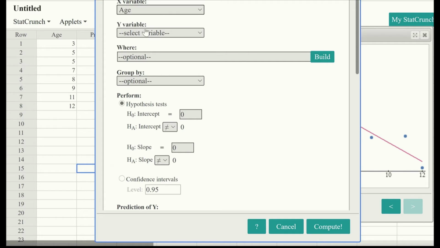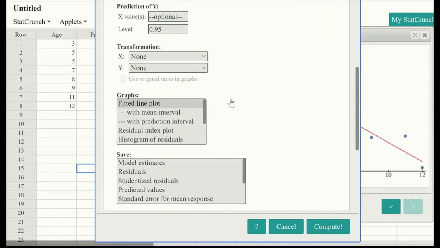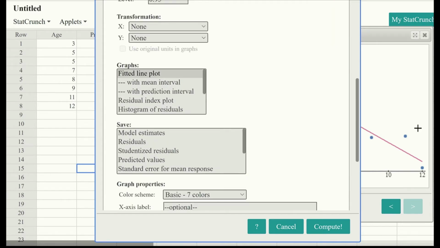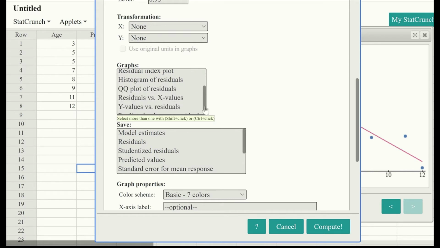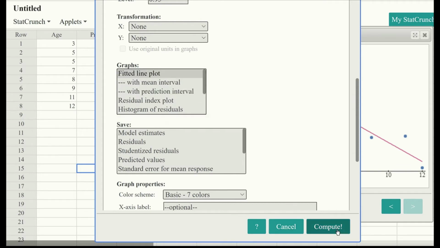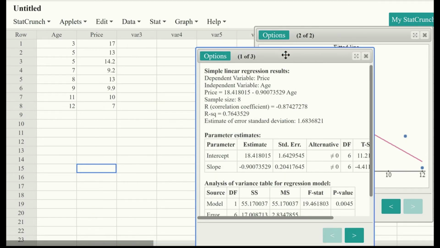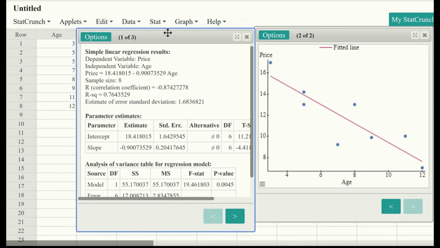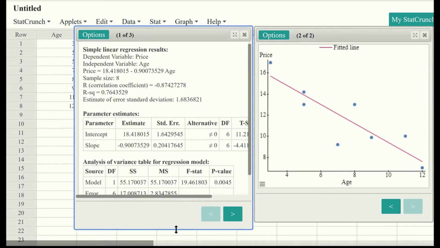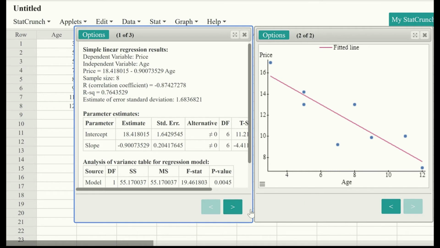We'll use again age for the x variable and y for the price variable, and now we can do the fitted line plot again if we like, but mainly this time we're interested in residual versus x values. So we want to highlight that, and once we have that, we can go ahead and compute. And of course, the first two screens of this and the other one are going to be identical.